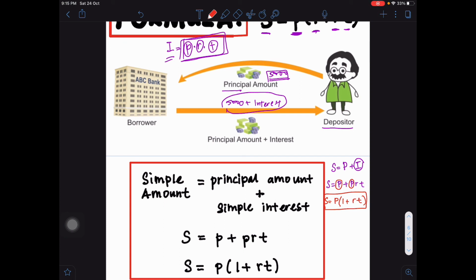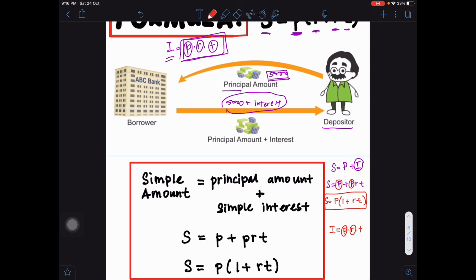Okay, but you need to remember, or you need to really understand what is I, what is S. Okay, you need to really understand all terms. We have I. I is interest or simple interest, which can be calculated by using the formula P times R times T. What is P? P is your principal, your face value, or also can be known as capital. What is R?